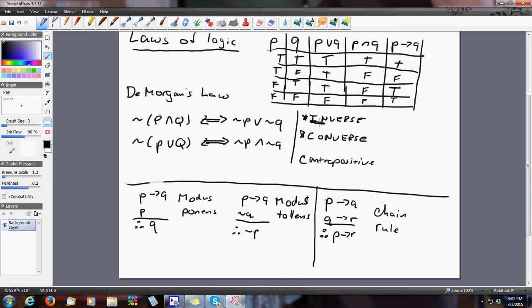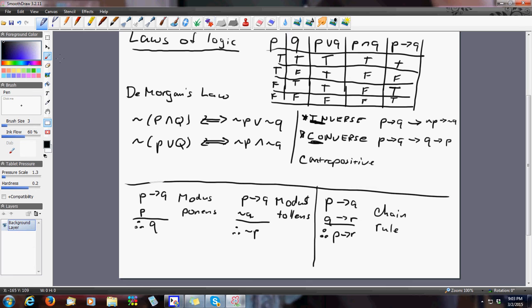The inverse means instantly negate. So that becomes not P implies not Q. But P implies Q and not P implies not Q is not always true. Converse is change the order. So if I have if P then Q, P implies Q, you change the order and that's Q implies P. And that's not always true.